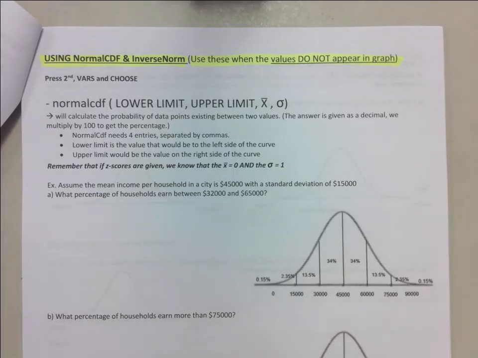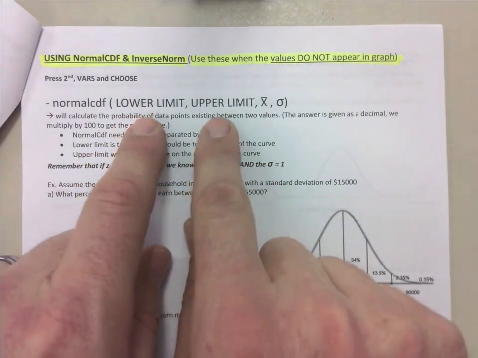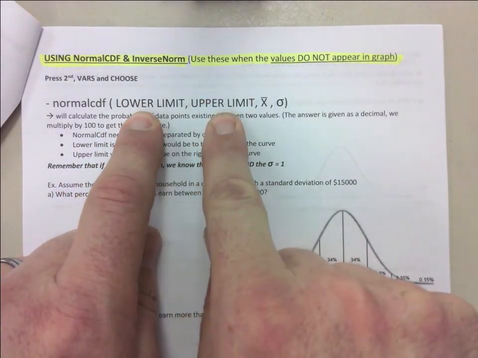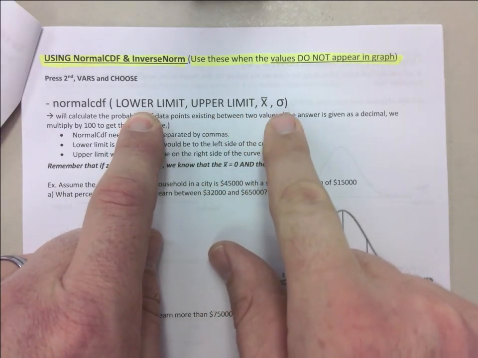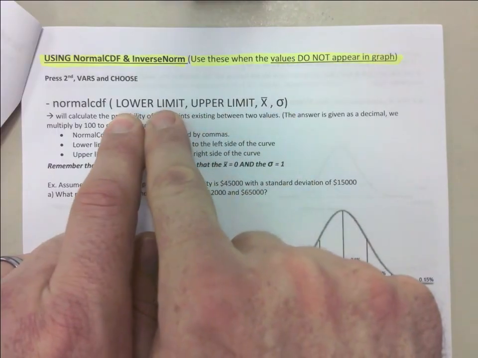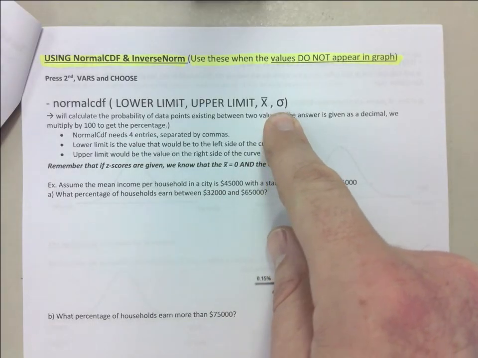Normal CDF needs a start and a stop, and you feed it the mean and the standard deviation. So 4 things that it needs every single time, and it will find out the percentages.